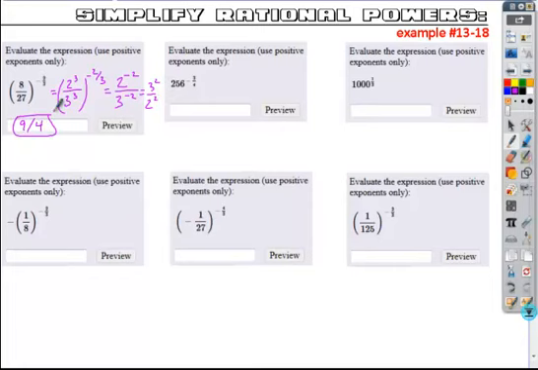Now, you can do them in different orders. You can apply the negatives first. So let's say I jump down here to do this. If I apply the negative of my power first, notice my negative is going to stay out front. My negative power is going to flip my fraction, so it becomes 8 over 1 to the positive 2/3. So again, in this case, I applied my negative power first.